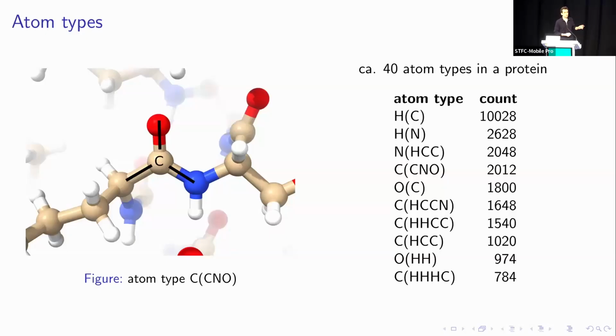Okay, in a typical protein, there are about 40 atom types. And I've given the most common ones in a molecule of catalase here. So you can see that the most common atom types basically correspond to functional groups found on the backbone. And the most common atom types also contain a very large number of representatives.